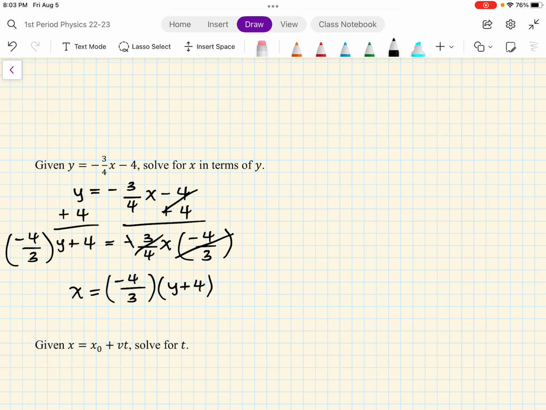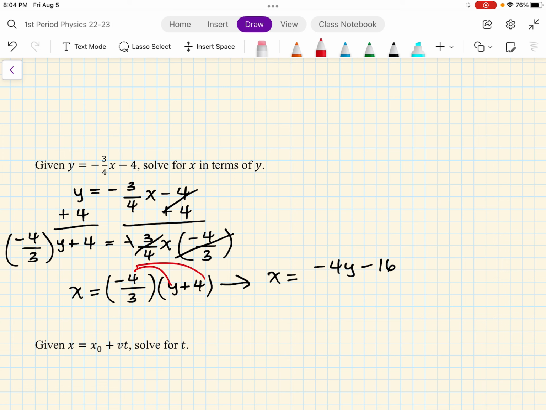Now I'm going to further simplify. Although this is technically correct, I'm going to clean it up a little bit. And I know that x will be equal to negative 4y minus 16.